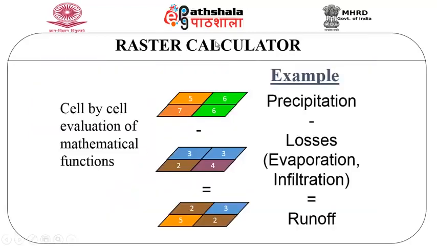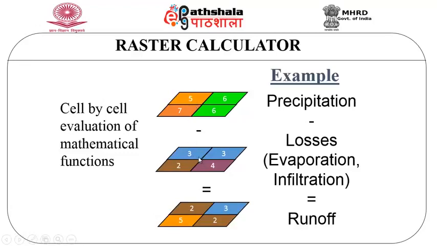You have something called a raster calculator, which does a cell by cell evaluation of some mathematical function. In this example, precipitation minus loss gives runoff. Looking at the layers, this is a precipitation layer, this is a loss layer, and the bottom one is a runoff layer. Take the left-most cell, which has a value of 5 for precipitation and 3 for losses.